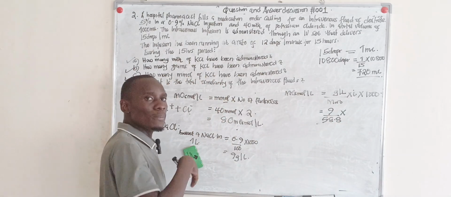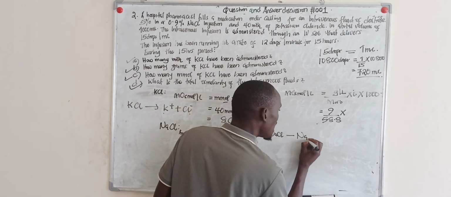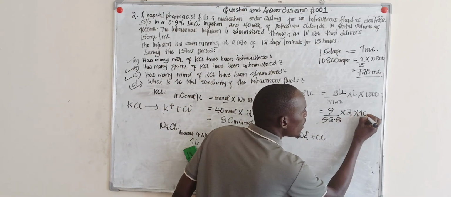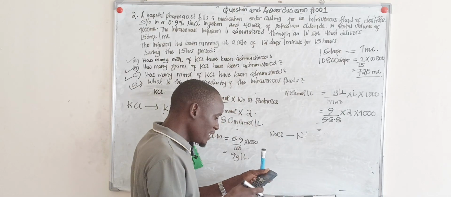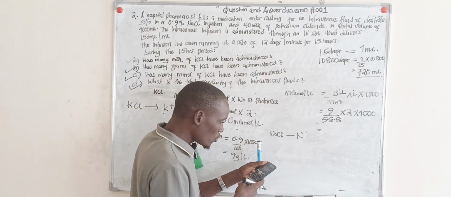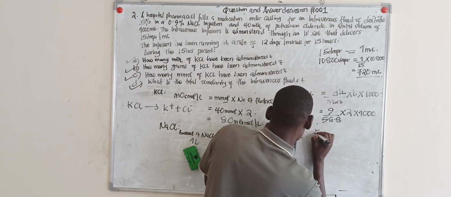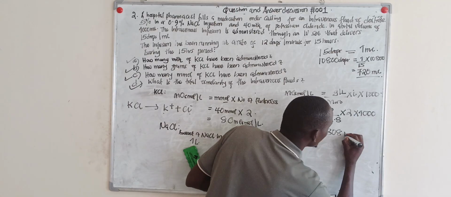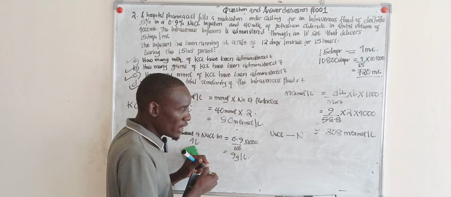Sodium chloride also dissociates to produce two particles, the sodium ion plus chloride ion. So this plus this, we get 2, times 1,000. When we compute this, we have 9 divided by 58.5 times 2 times 1,000. We shall have approximately 308 mosmol per liter of sodium chloride.